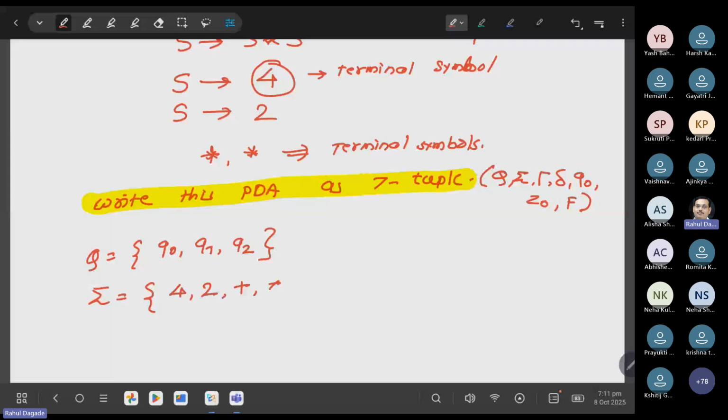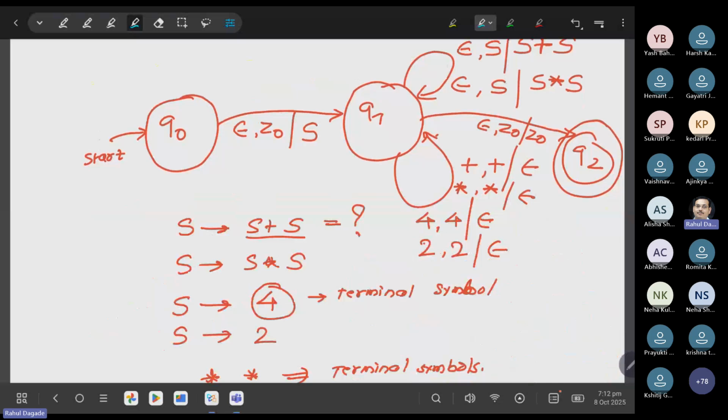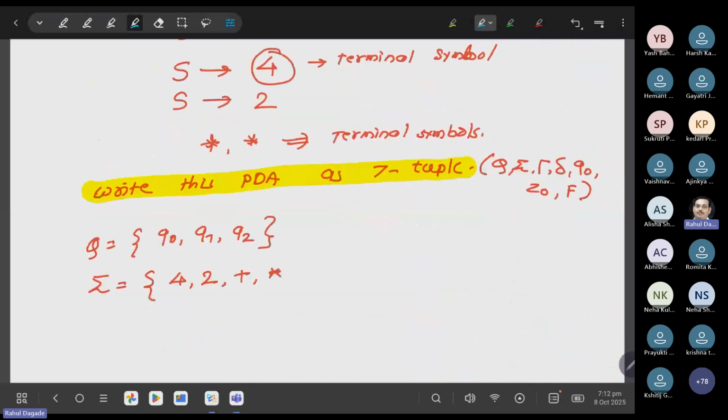See now in this case, we are giving the input 2 plus 2 into 4. So the input contains 2, it contains plus, it contains star. It doesn't contain S. S is not input. S is the non-terminal. So terminal symbols are input, and union null. Null is also part of input as an end of string.